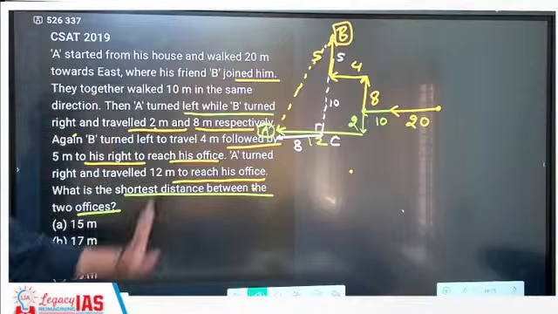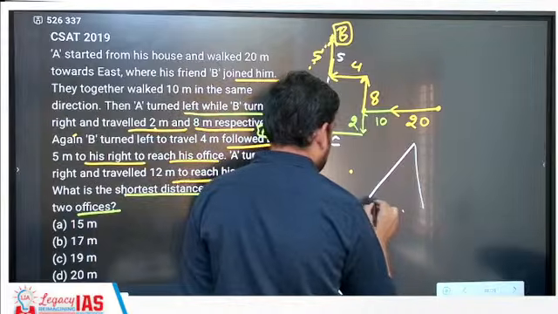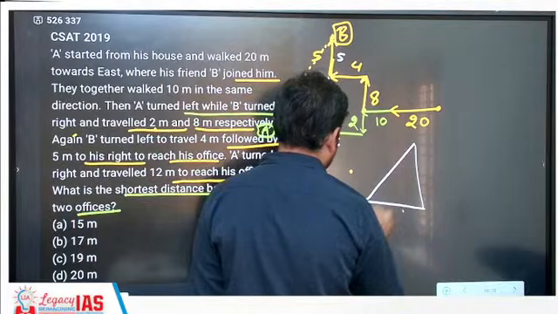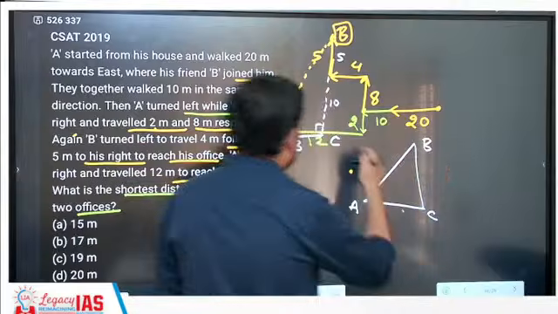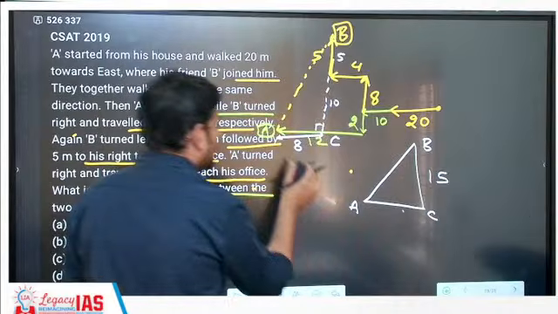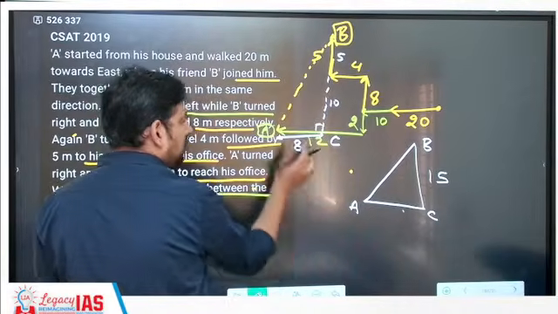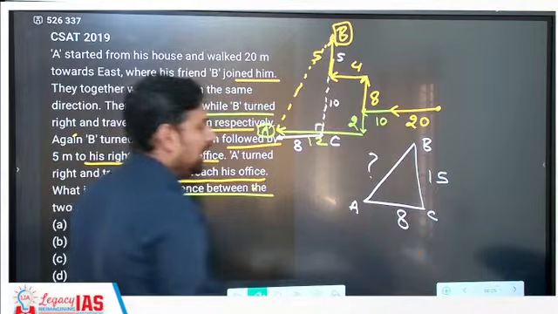Now let me separate and draw this triangle ABC for you. ABC looks like this. BC is very clearly 5 plus 10, 15. Then AC is 12 minus 4, that is 8. Now the question asks you about AB.